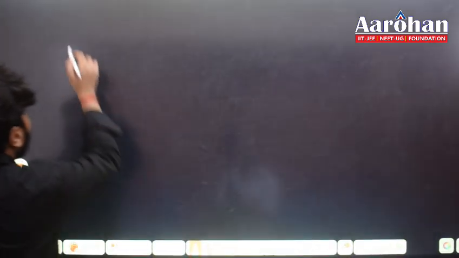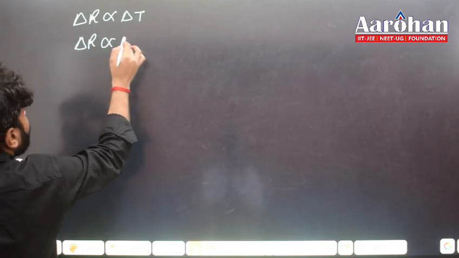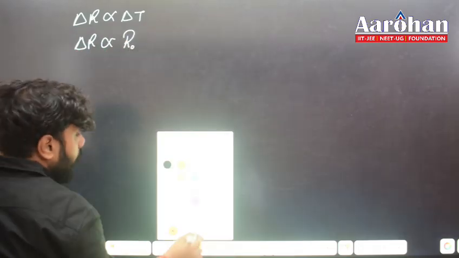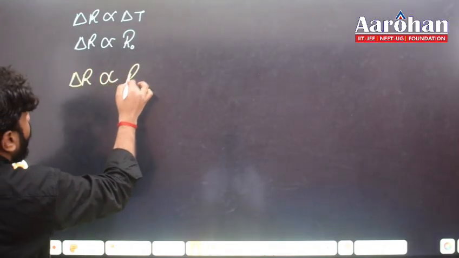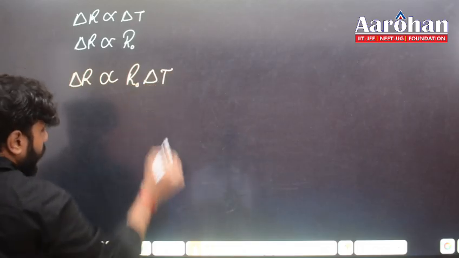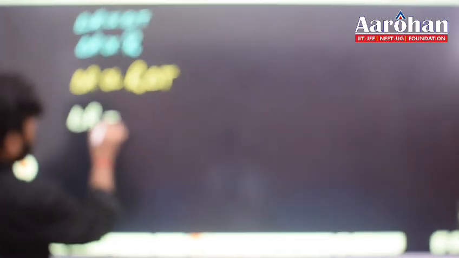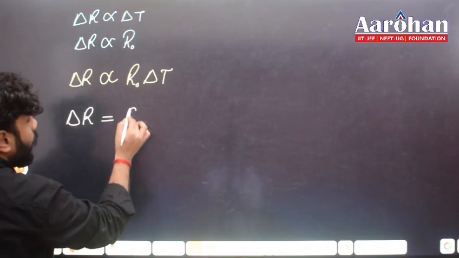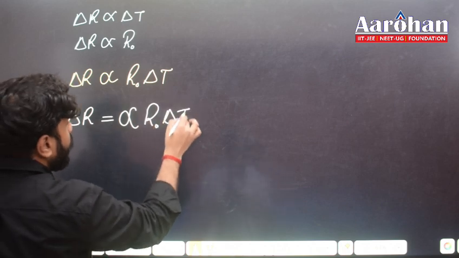If we combine all the things we found out, the final term we get is: change in resistance is directly proportional to R naught delta T. And if you remove the proportionality, what will we get? Delta R equals some constant, and that constant is alpha, times R naught delta T.